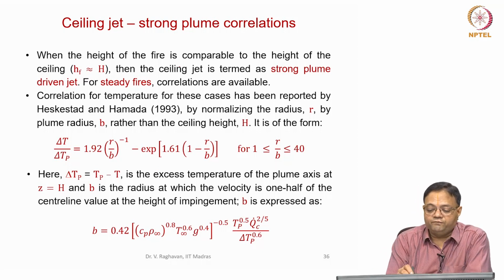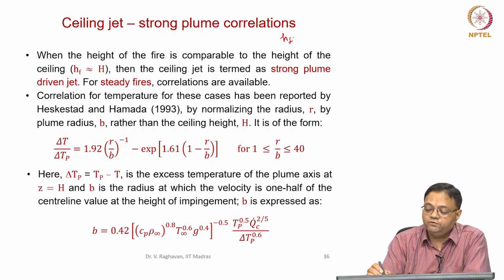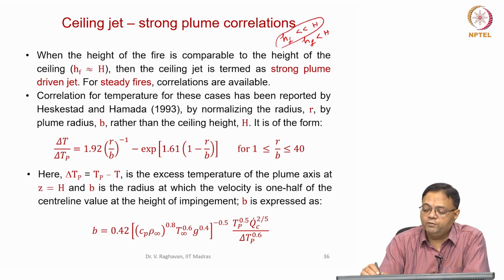When the height of the fire is comparable to the height of the ceiling, the plume is very, very strong. So far, what we have seen is solutions for something like this, where even here it is a weak plume, somewhat weaker, not very weak.